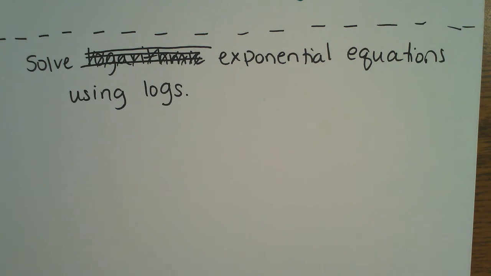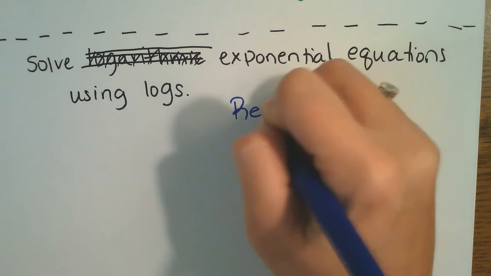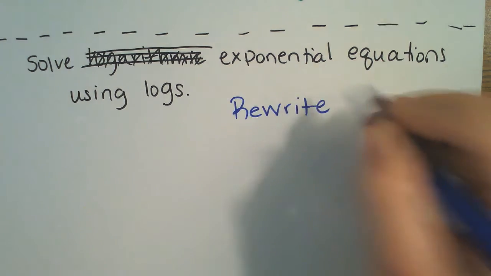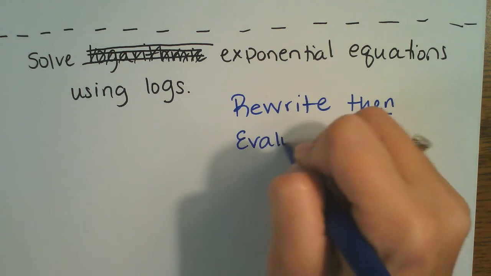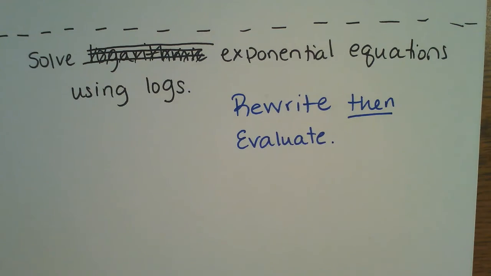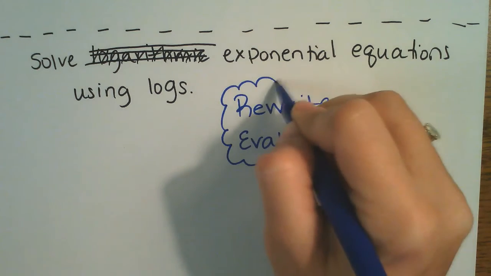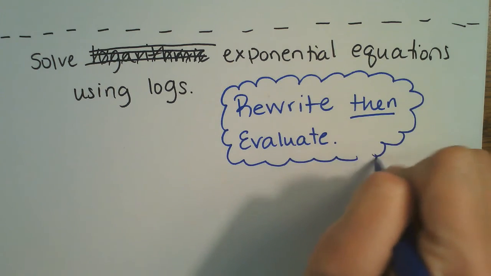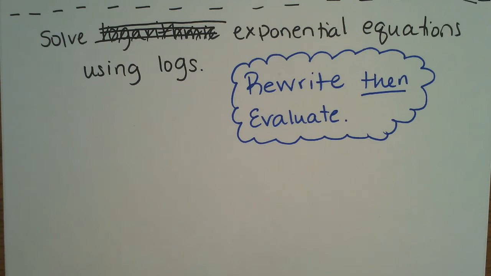So we're going to put both of the ideas that we just discussed, rewriting and evaluating, together when we solve. So we're going to rewrite, then evaluate. And we're going to have to do a little rounding. So here we go.